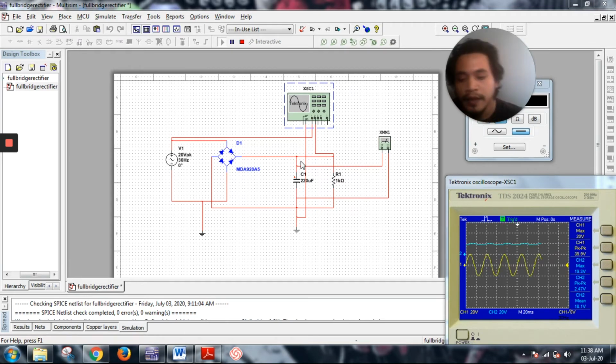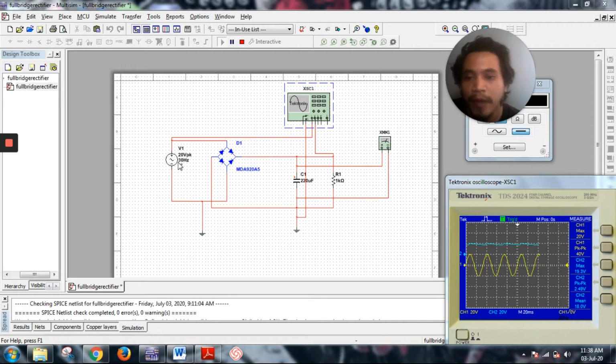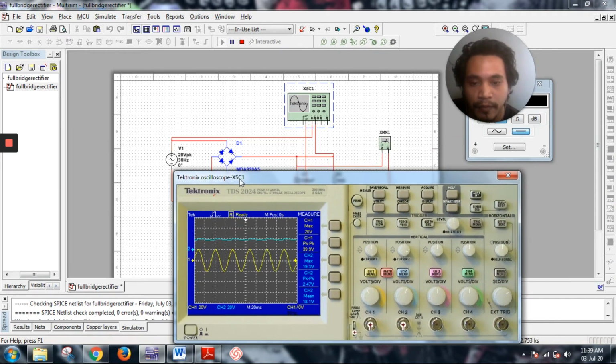I'm using 20 volt peak as the input, and what will happen is this waveform. This is the input signal, and this is the output signal.